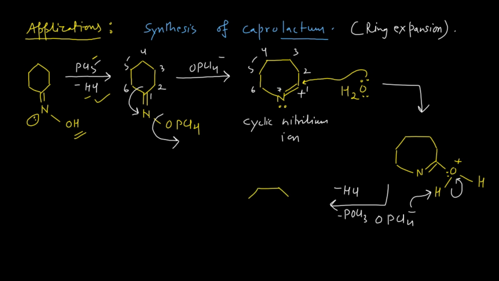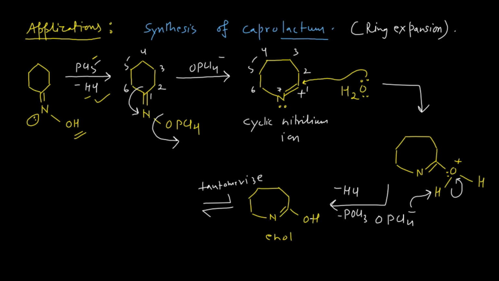This is your 7-membered ring, guys. Nitrogen is here. Okay, this is the double bond, and this is your OH. This is the enol form, and that enol form will readily tautomerize. So how will the tautomerization occur?